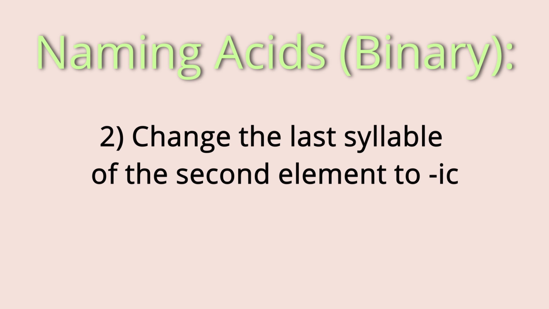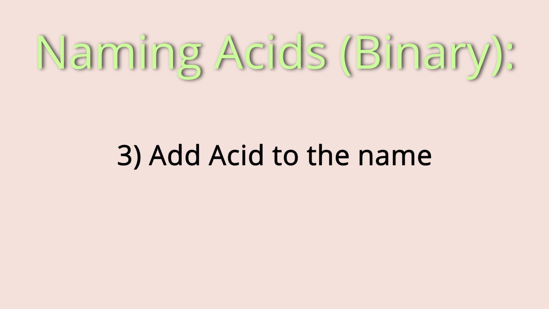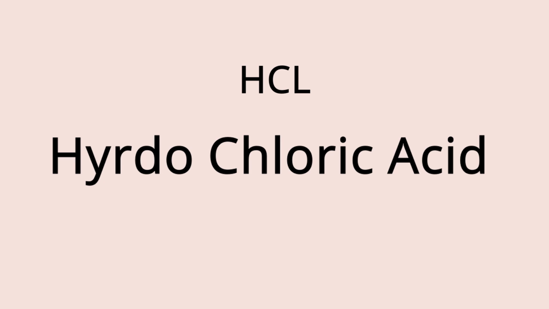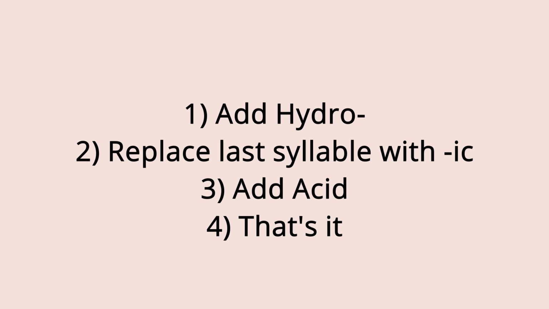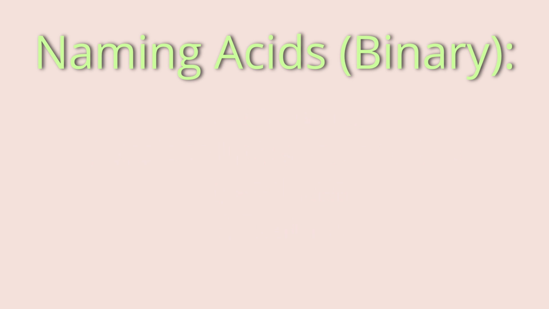And then you add acid to the end. So our hydrogen bonded to chlorine becomes hydrochloric acid. So real simple, you just add hydro, change the last syllable to ic, and add acid to the name. You're done. Hydrochloric, hydrofluoric acid. It's pretty simple. So let's do a few examples of binary acids.